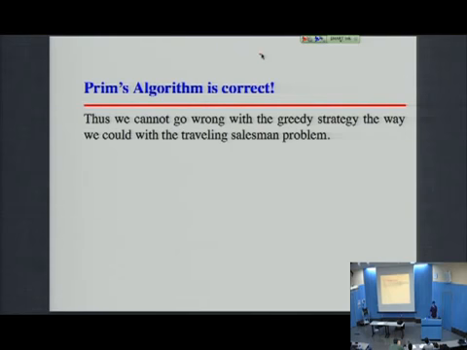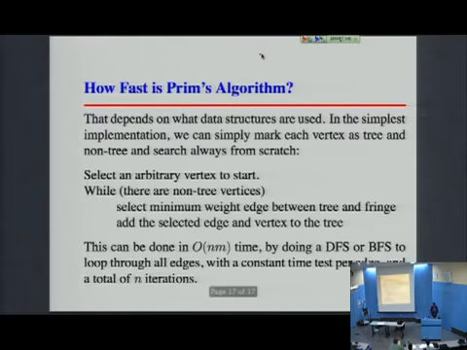Any questions? Okay. So by now you should believe the correctness of Prim's algorithm. How fast is Prim's algorithm? It should be clear that it is an algorithm of the basic form: start from a vertex, vertex 1.